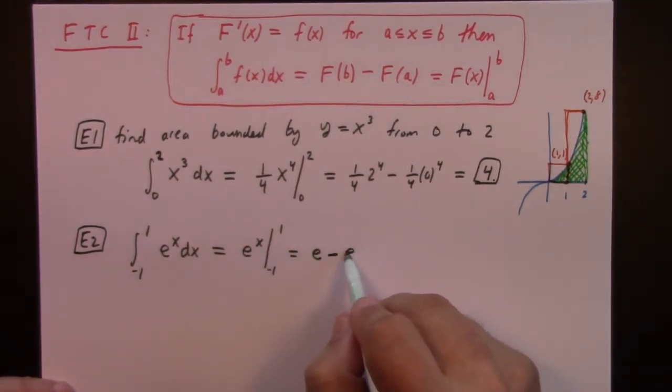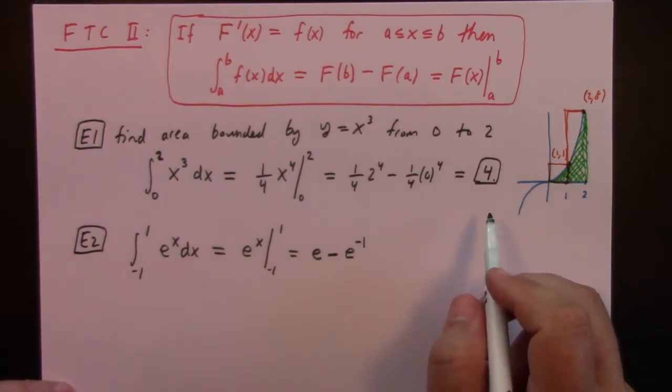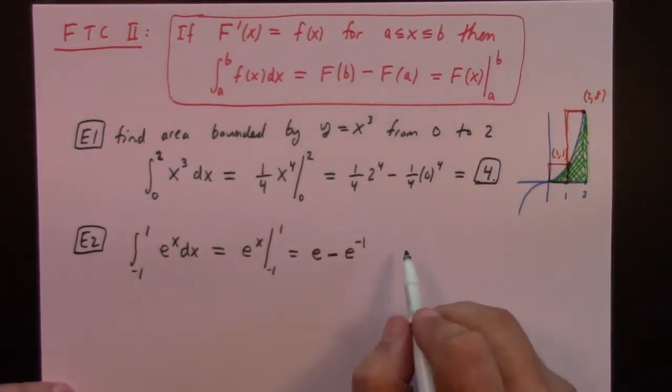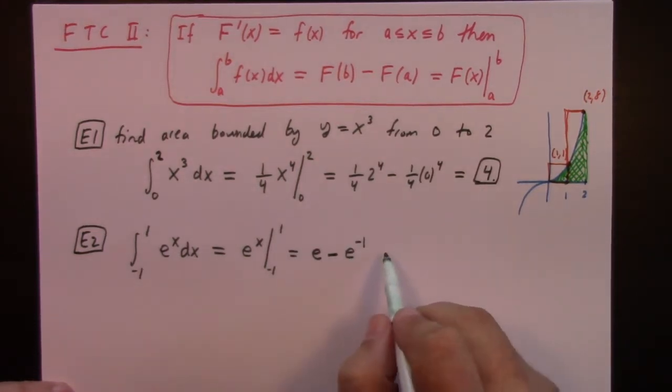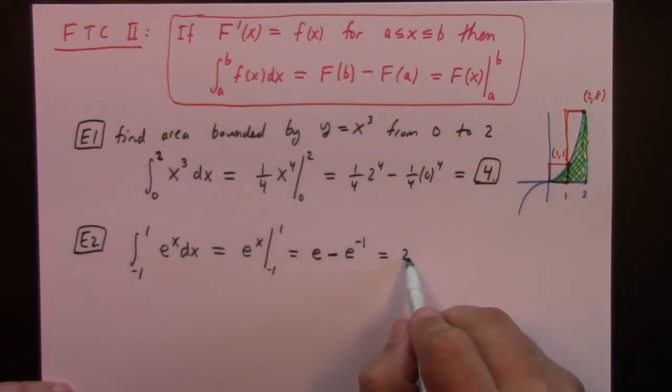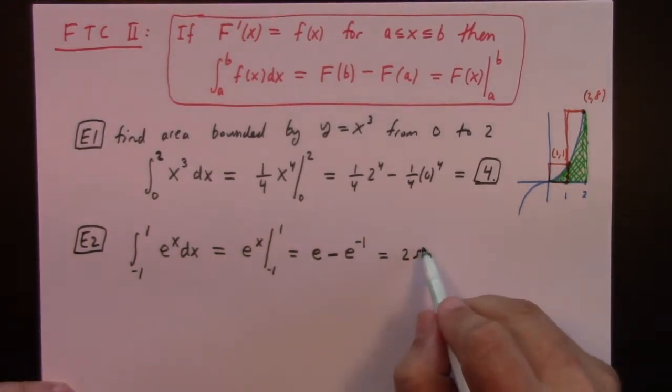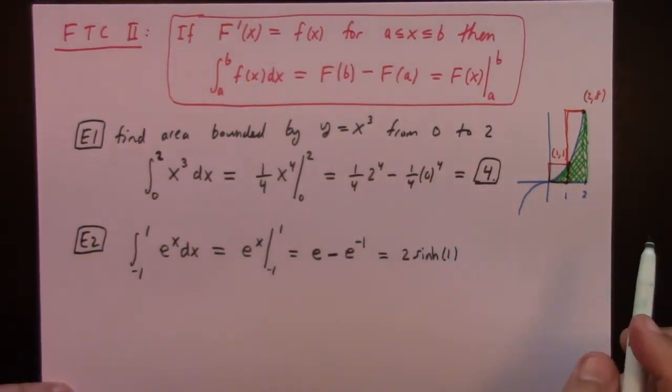E minus e to the -1. Huh. And, well, that's the answer, right? But a kind of fun way to look at this is what? This is really 2 times what? This is 2 times 1/2 of that, which is 2 times the sinh of 1, for what it's worth.